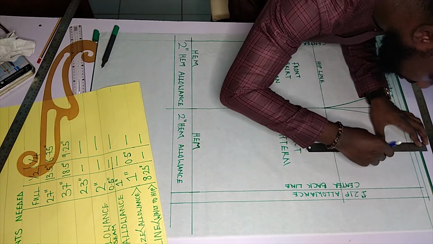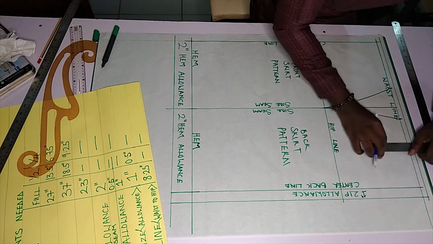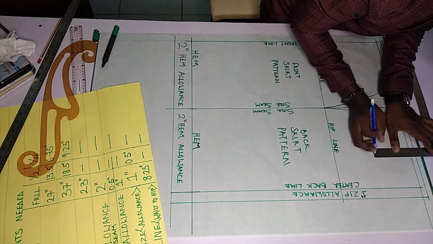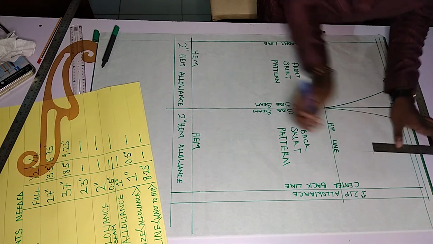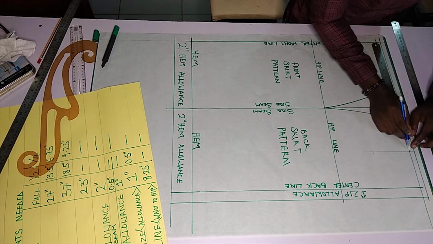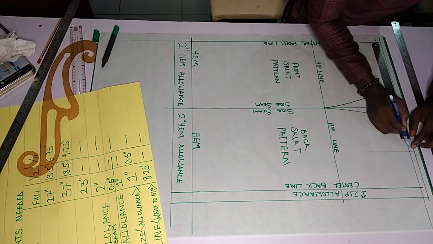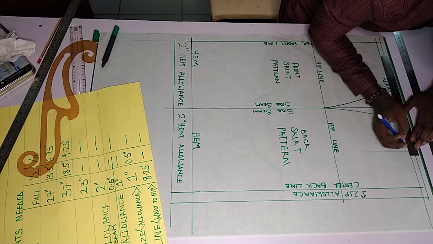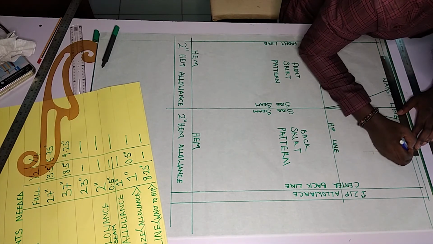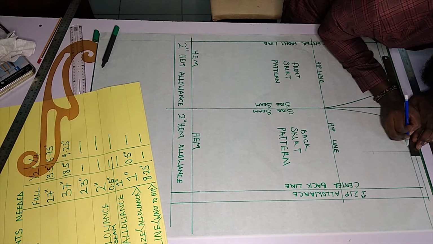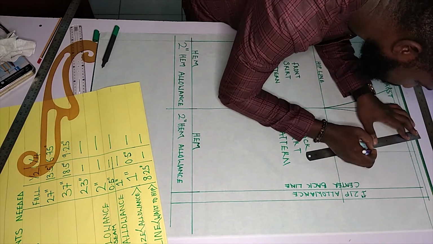Now some of you might be afraid of drawing longer lines than you need. That is not a problem because you can always erase them when you're done establishing what you need to. Now our dart size says 1 inch. We would need to mark half of the dart size on both sides of our dart leg. So we have half an inch to the left, and another half an inch to the right.